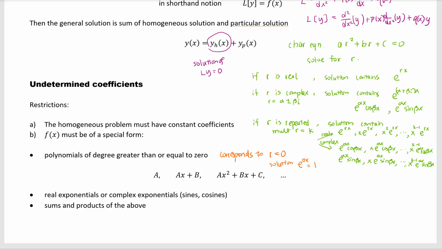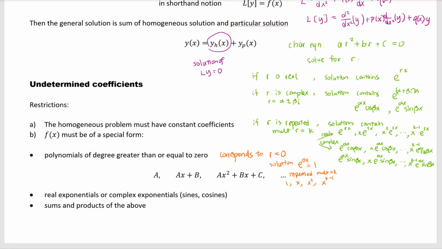Okay, and if the root is repeated, say the multiplicity is k, then your solutions will contain the terms 1, x, x squared, up to x to the k minus 1, right?